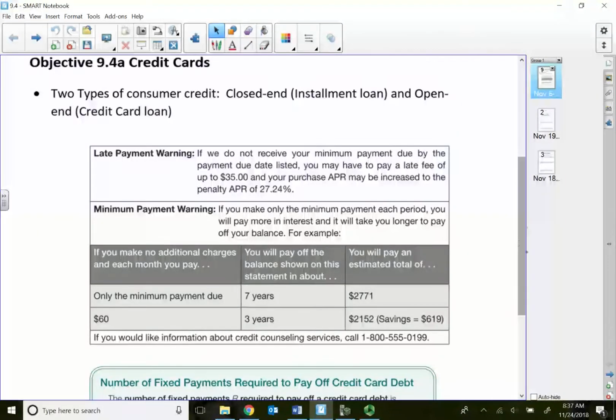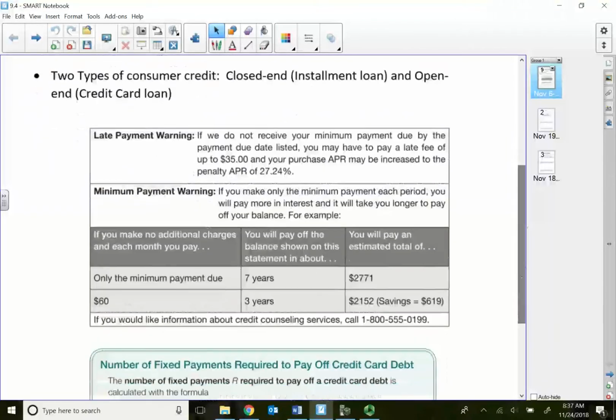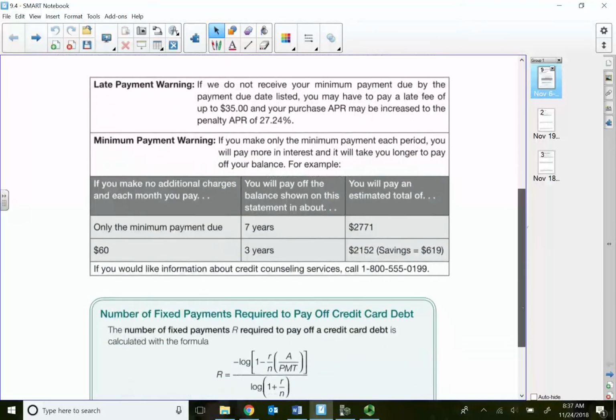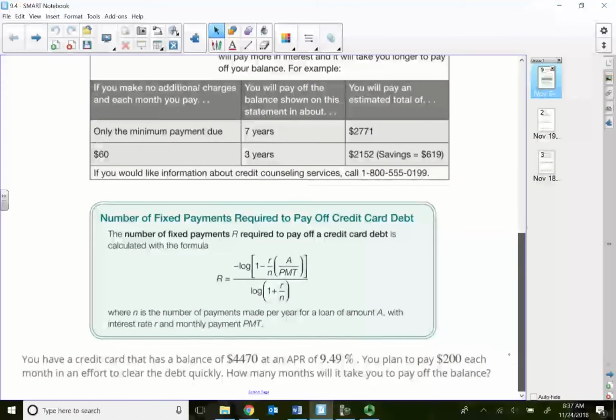I'm going to show you how to do one problem regarding credit cards. I'm not here to teach you how to find the minimum payments; that's another technique. Instead, I'm going to show you the number of fixed payments required to pay off the credit card debt.